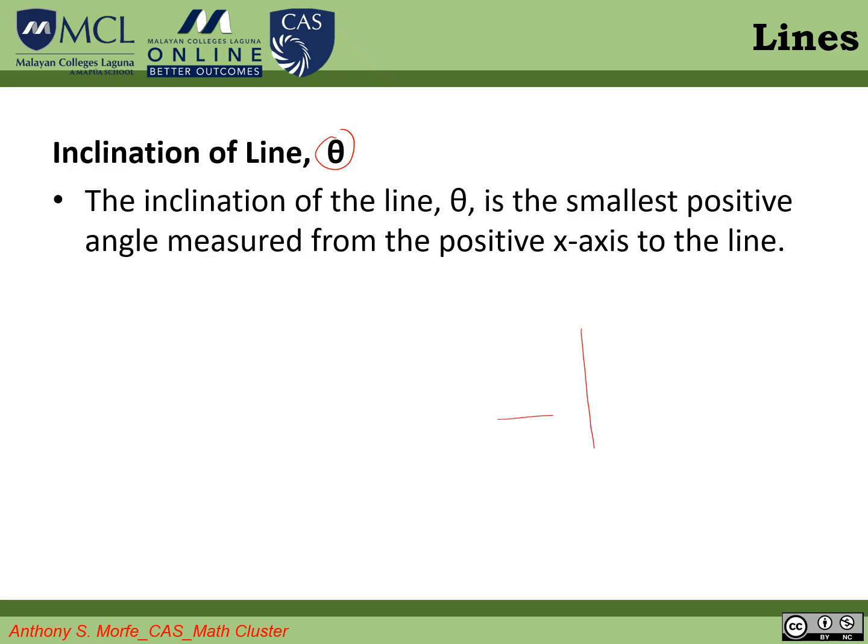So if this is our x and y axis, for example the line is here, this is our angle of inclination. Remember that the angle is measured from the positive x-axis to the line. So this is our line, and the measurement of the angle theta is from the x-axis towards that line.